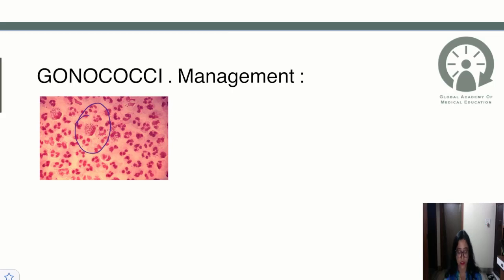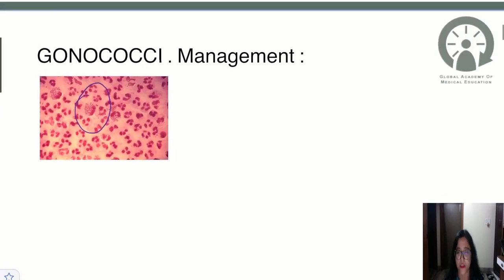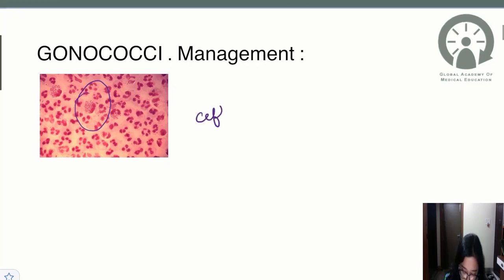They have asked for the management. We know we have to treat both the sexual partners, and third generation cephalosporins are most active against gonococci, most commonly ceftriaxone or cefixime.